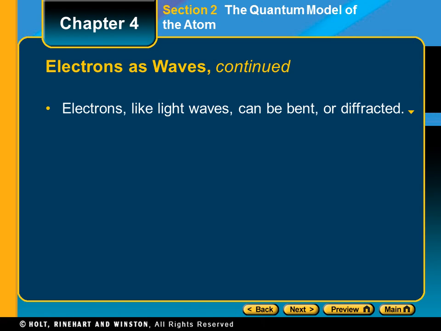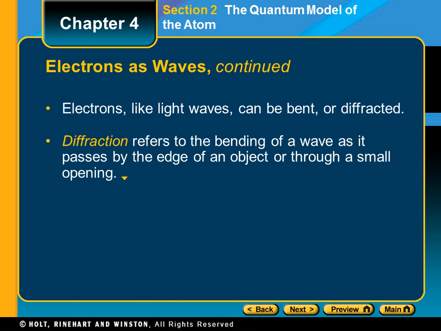So, electrons, like light waves, can be bent or diffracted. We know that waves can be bent, and diffraction is the term we use to refer to the bending of a wave as it passes by the edge of an object or through a small opening.